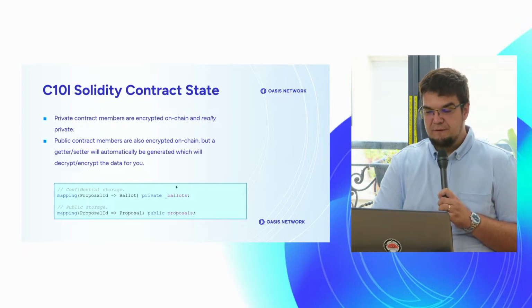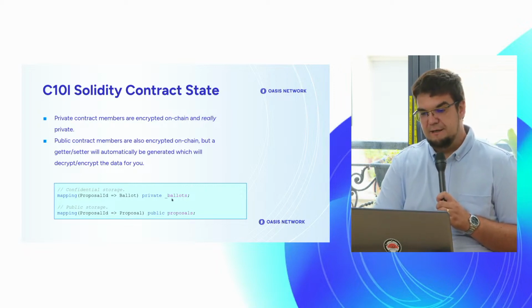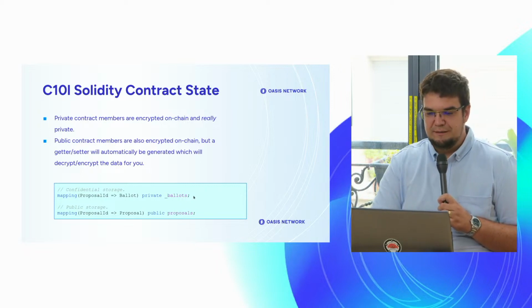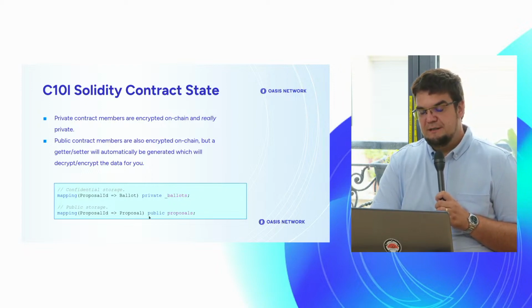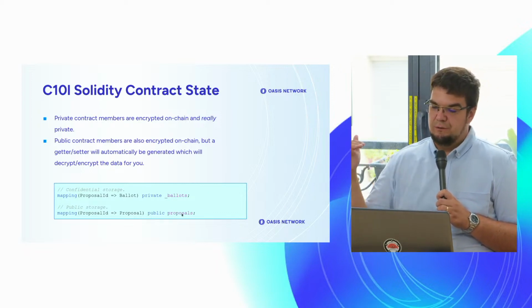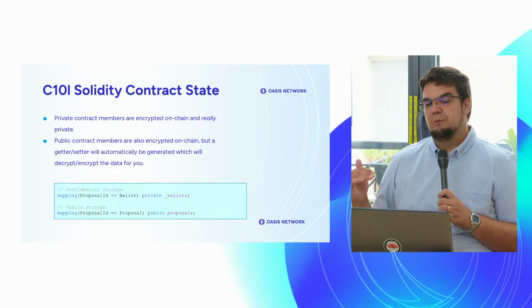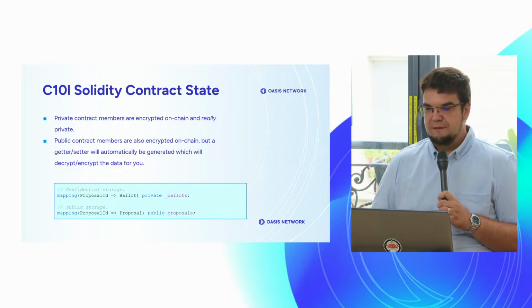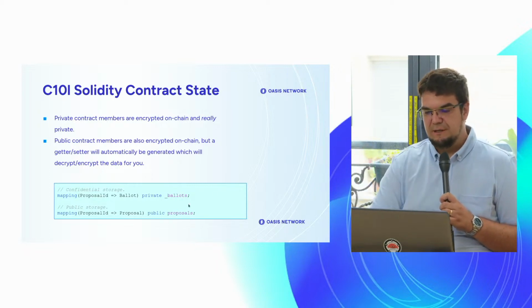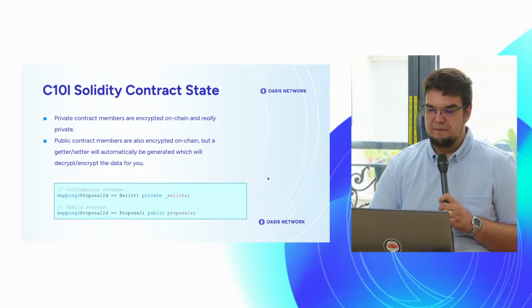So if you have the private variable, in this case we'll call it _ballots, this variable will remain private, and there is absolutely no way, unless you break the encryption mechanism, to extract the value of the ballots. While the proposals in this case is defined as public, and on the chain level the proposals will also be encrypted, but we will automatically offer the getter and setter methods, and the value will be decrypted and returned to you, if you declare it as a public field.